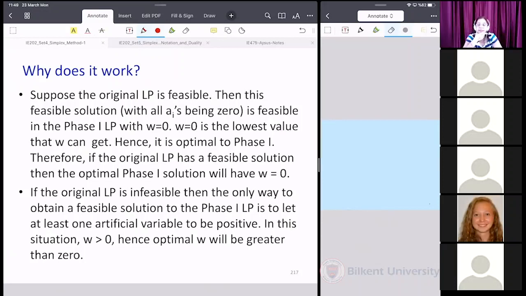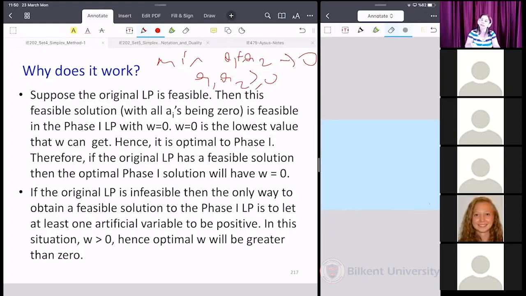Some more remarks. Why is this working? Because if the original was feasible, then I could get a solution when those artificial values are 0, and that could only be obtained by minimizing their summation. Since those variables are non-negative, the best that can happen is 0. Zero is a lower bound for this problem.